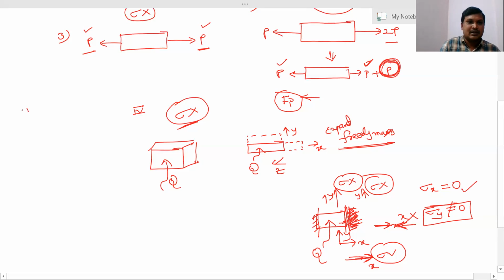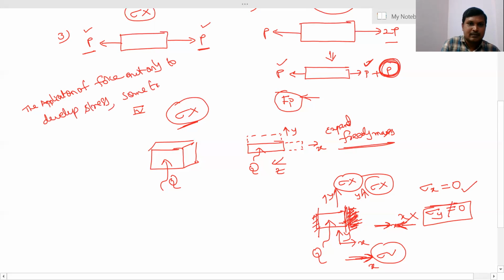This means that the application of force is not the only thing that develops stress.